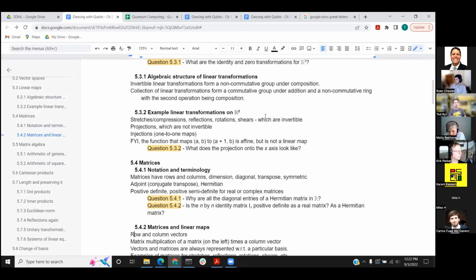I saw this somewhere else, so I included this in the notes. This wasn't in the book, but if you just have a function that, say, maps the point (a, b) to the point (a+1, b), that is something you can very easily do, it's an affine transformation. So you might think of that as a linear transformation, right? It's just moving everything to the right one.